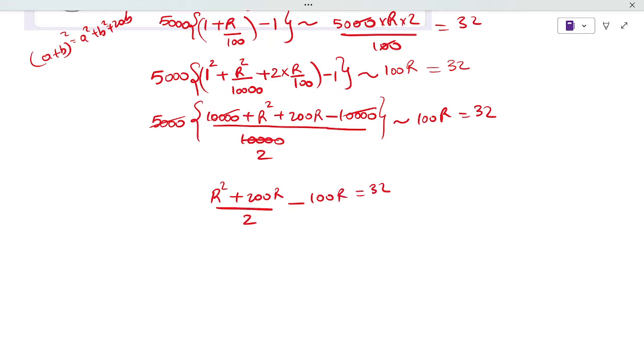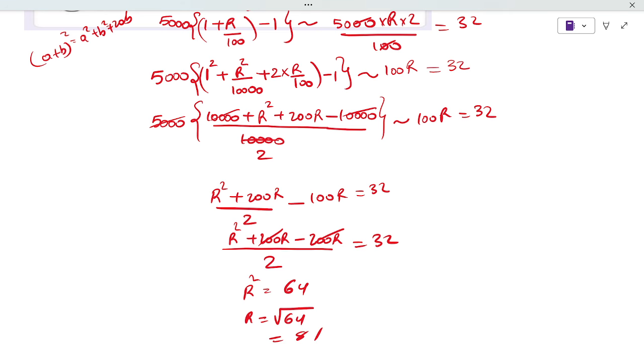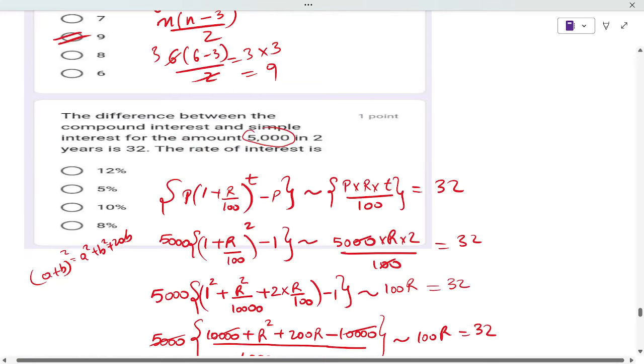Taking the LCM again, this will give us 2, and then r square plus 200r minus 200r, so plus minus will be cancelled. r square is equal to 32 into 2, which is 64. r is equal to the square root of 64, which is 8%. So 8% is the answer.